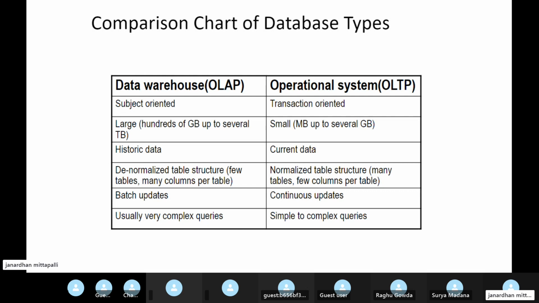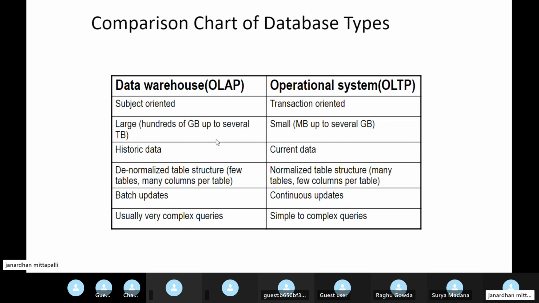So what you need to understand about OLAP and OLTP: OLAP is the online analytical process and OLTP is the online transaction process. I hope you can easily remember these names with all the differences. OLAP has historical data, OLTP has current or real-time data.